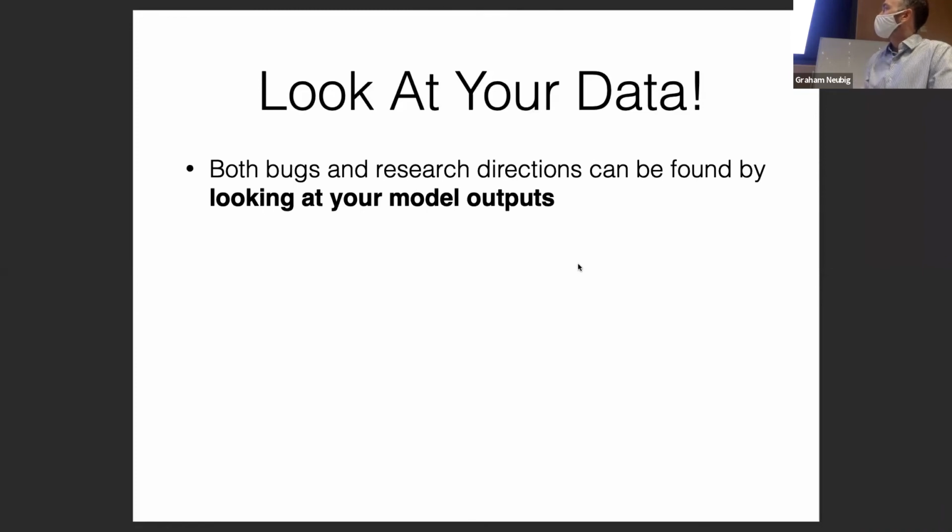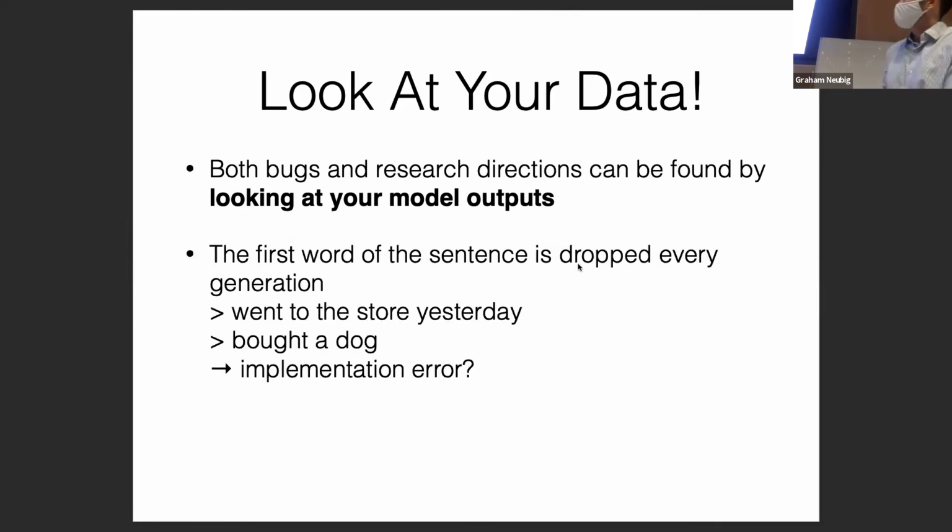So both bugs and research directions can be found by looking at your input data and also your model outputs. Just to give an example, let's say you have a language generation or machine translation system and your BLEU score is 2 points too low. Instead of getting 24, you're getting 22 and you don't have a good idea why. One very common issue that I've seen multiple times before is somebody had an off by 1 error in indexing their outputs and were accidentally not outputting the first word in the sentence.